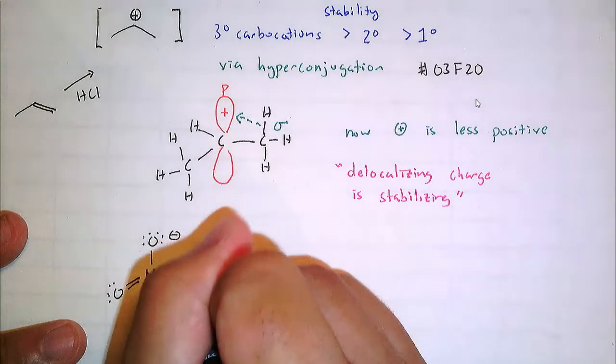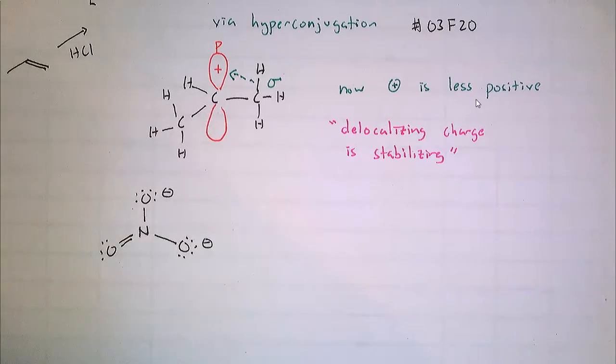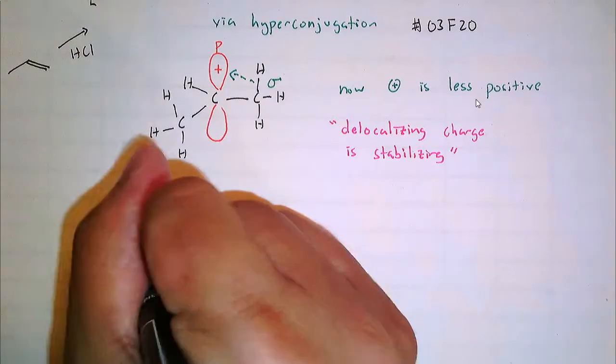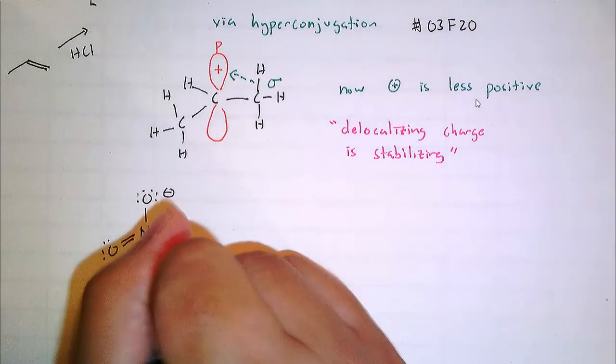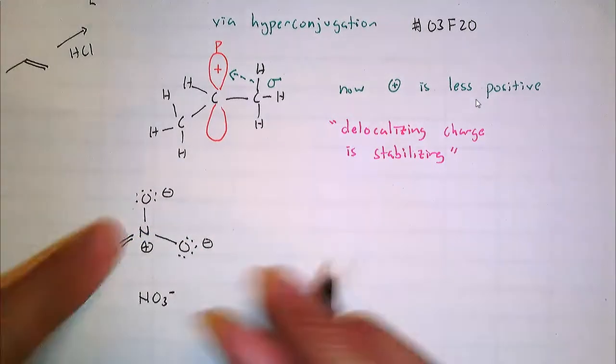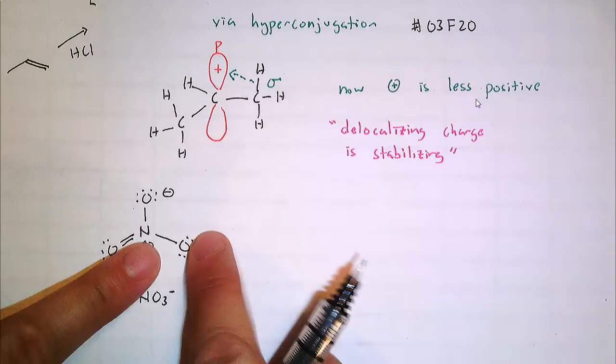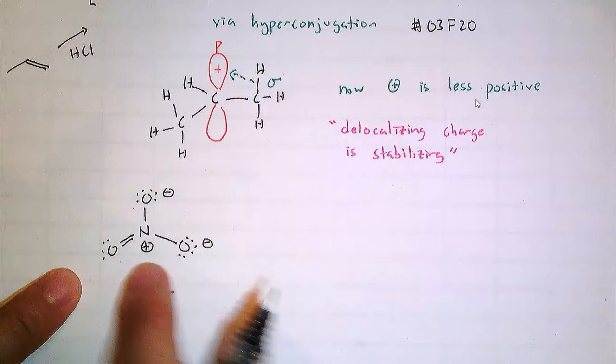We have something missing. Before you move on, always double check formal charge. It's interesting because NO3 you learned as NO3 minus, but it's minus because when you look at the charges, we have 2 negatives and 1 plus. We don't have just 1 negative to make it minus. We have minus, minus, plus.